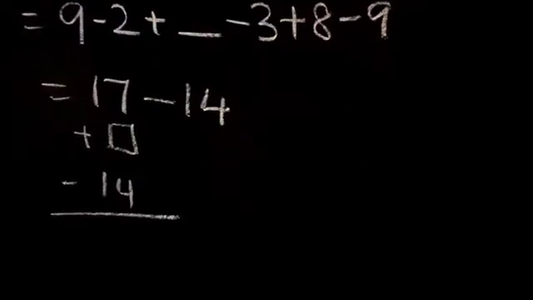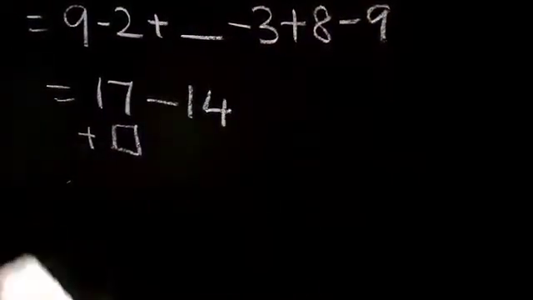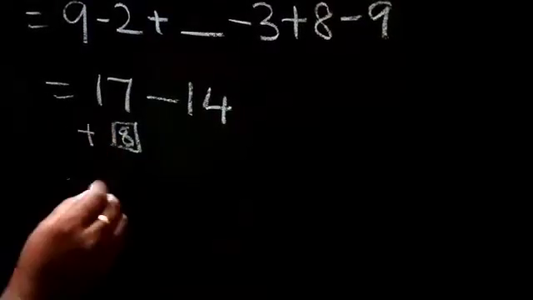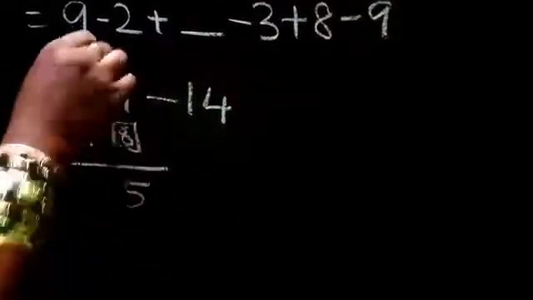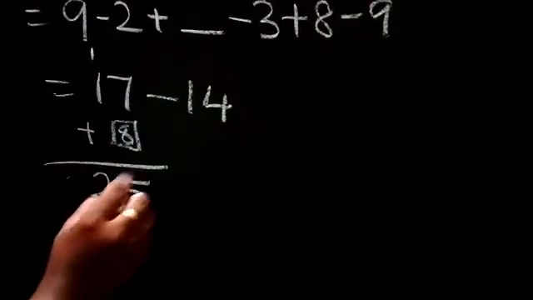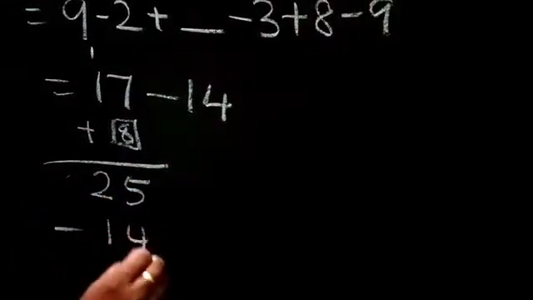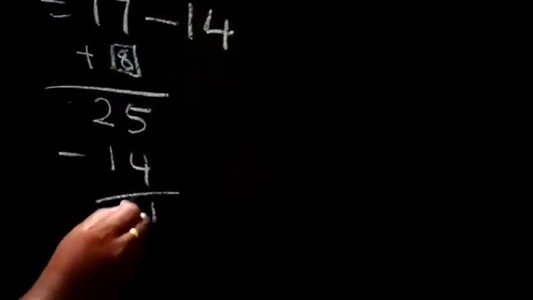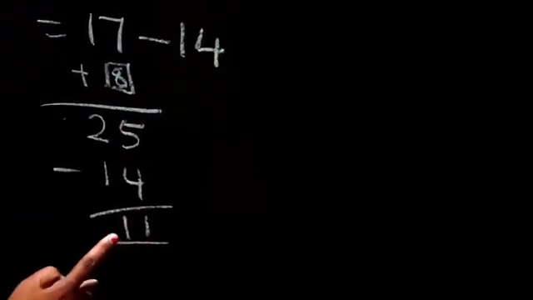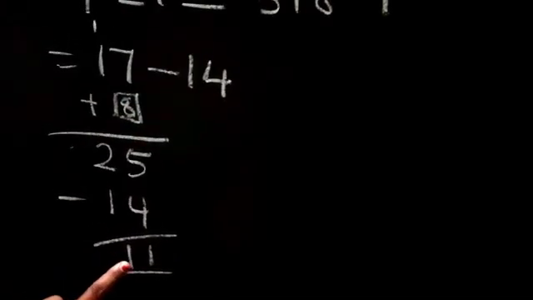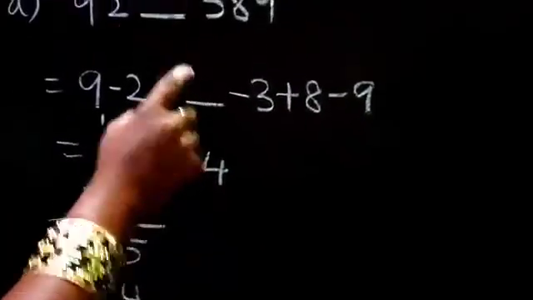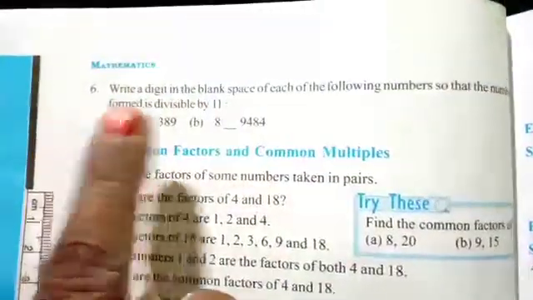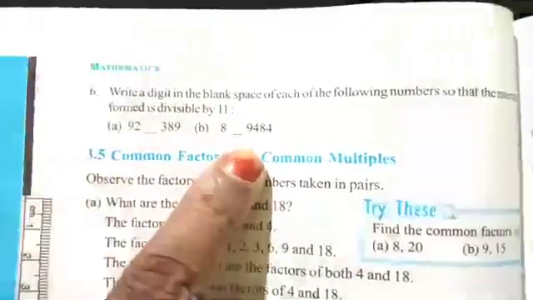So we will add 8, because 8 plus 7 is 15, carry 1, 1 plus 1 is 2. Then we do minus 14: 5 minus 4 is 1, 2 minus 1 is 1. So our answer will be 11. Therefore, in this blank, we have to write 8. Sixth sum B question is your homework sum, try it.